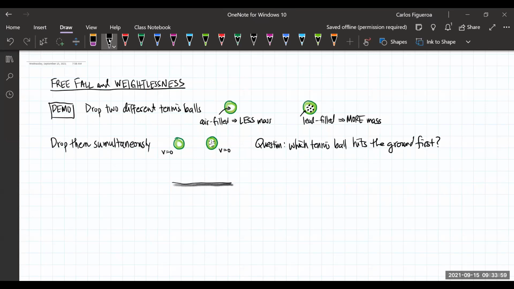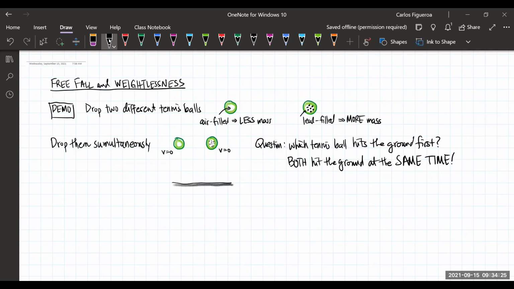And the answer is neither. They both hit the ground at the same time.